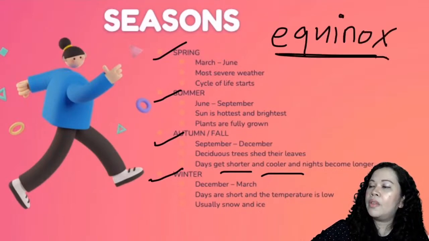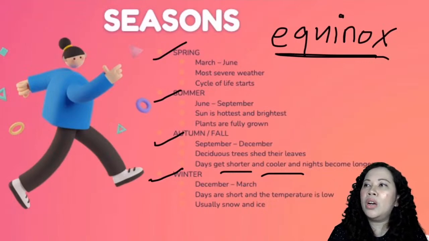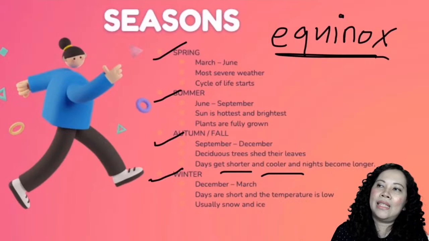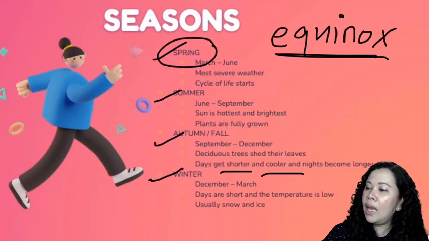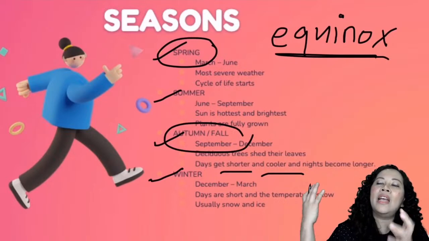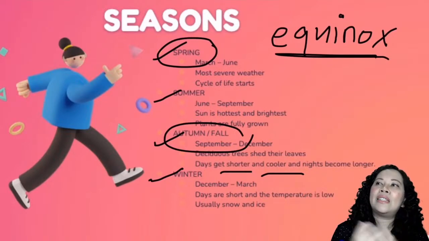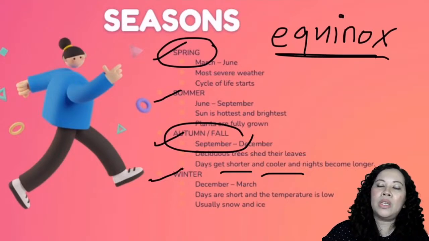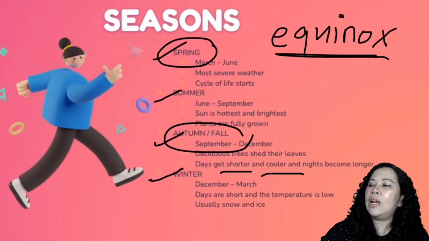Okay, so when we say equinox, this means that they do not have an equal daylight and darkness received. So we have your spring equinox and you have your fall equinox. That means that you don't receive the same or exactly equal amount of daylight and darkness. Okay, that's what we call by equinox, if you encounter that word.